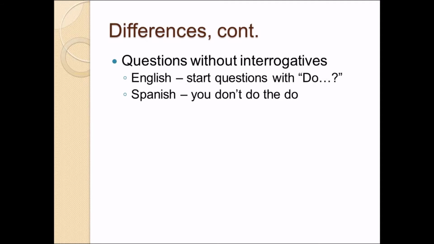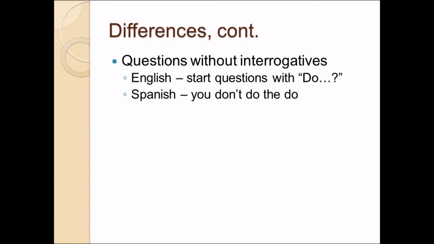Another difference between English and Spanish sentences is in question words. If there is not an interrogative being the question itself, what, who, why, when, where, how, without that at the beginning of the question, in English, we'll start with do.